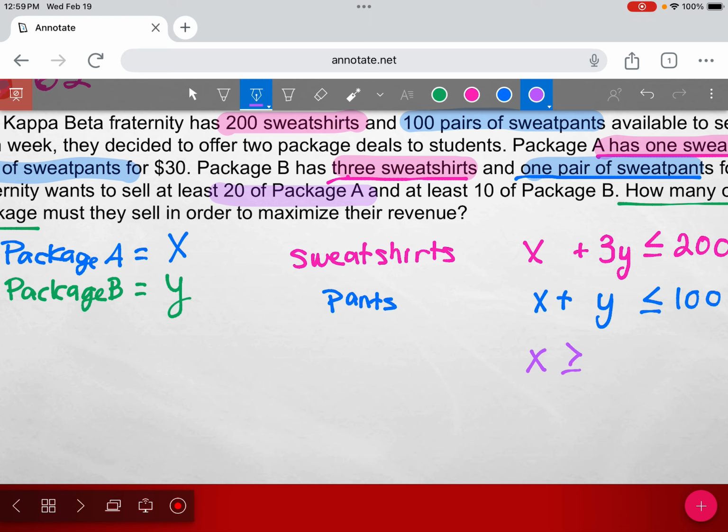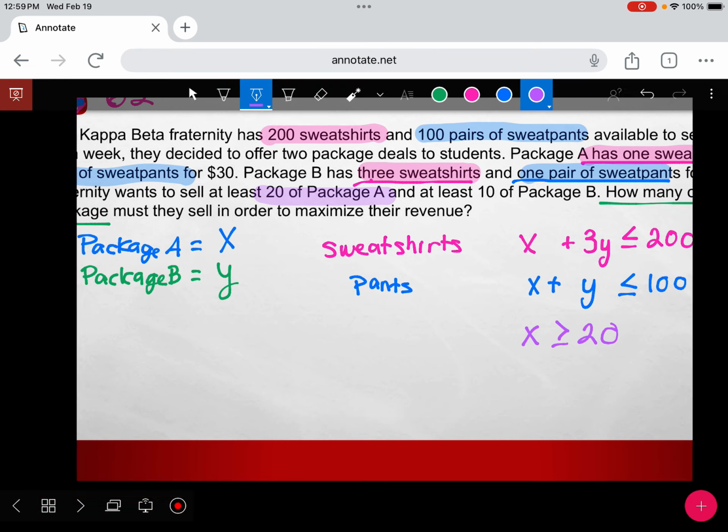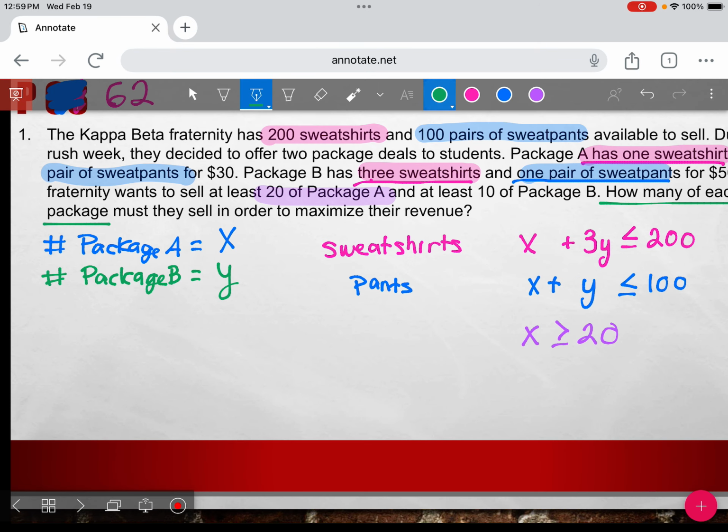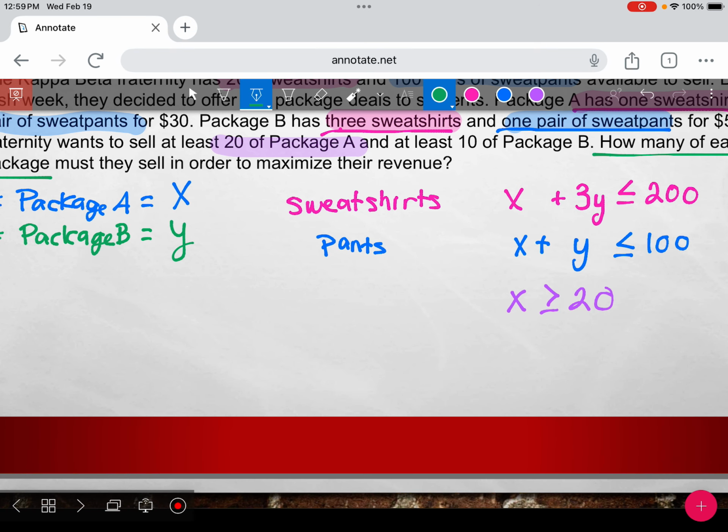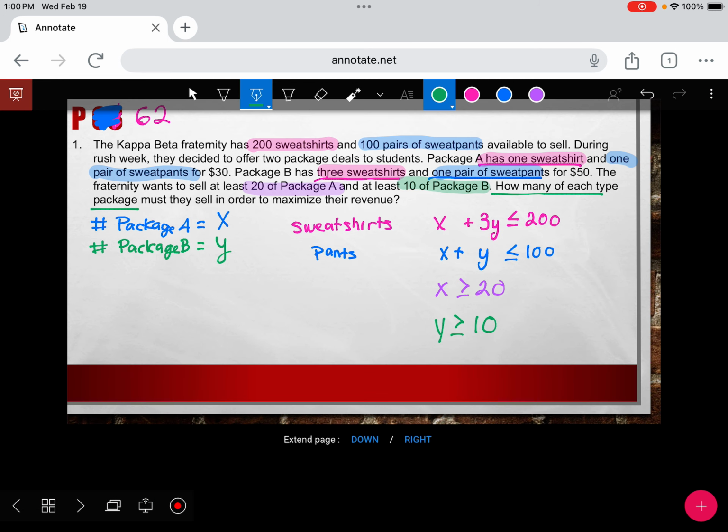Greater than or equal to 20. How about for our package B? 10. So our Y needs to be greater than or equal to 10. So we have a lot of pieces in here. We have a lot of constraints is what they are.